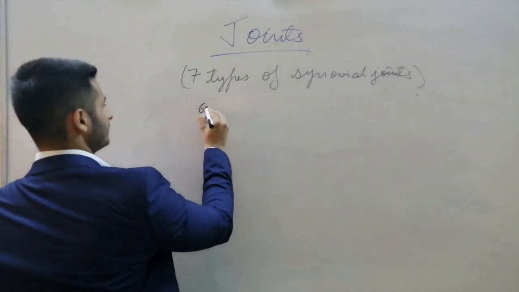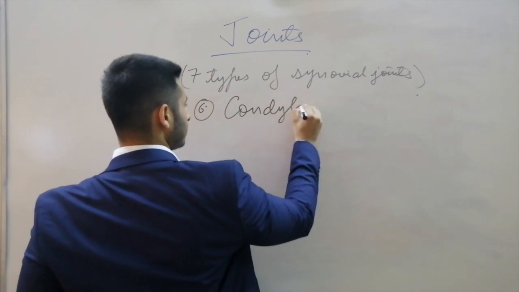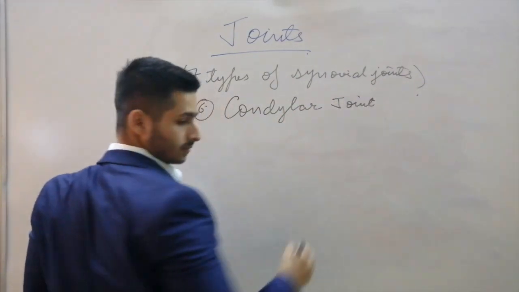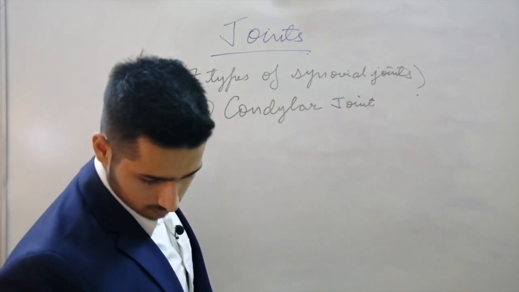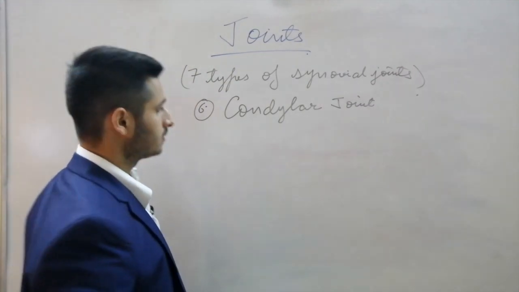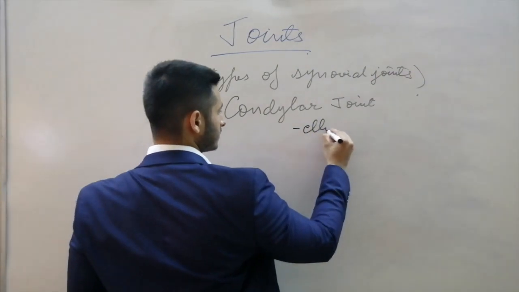The sixth type of joint is the condylar joint. This joint is also called the ellipsoid joint.